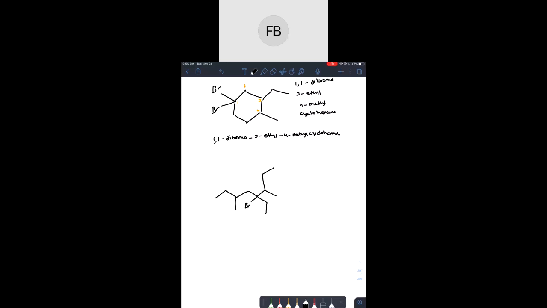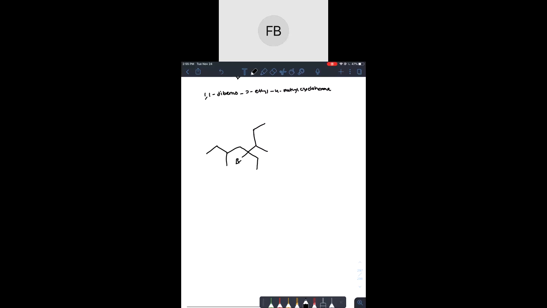Okay. So 1C, right? You have to start with finding the longest chain. I'll arbitrarily start with the one that's sticking out of the top, the furthest up, and I'll start counting 1, 2, 3, 4, 5, 6, 7, 8.